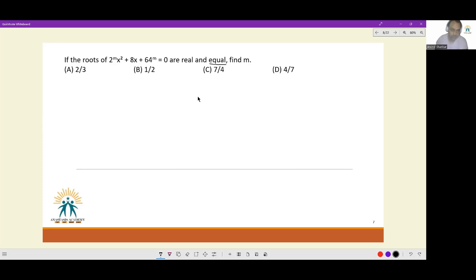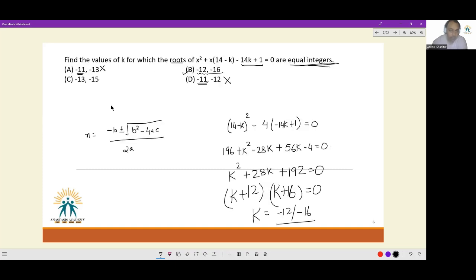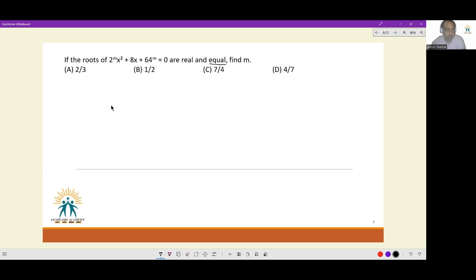Here, there is no need for them to be a perfect square. Here they were integers, so you had to get a perfect square. Here, even if it is not a perfect square, the roots will still exist because they are simply called real. But as long as they are equal, the discriminant has to be 0.